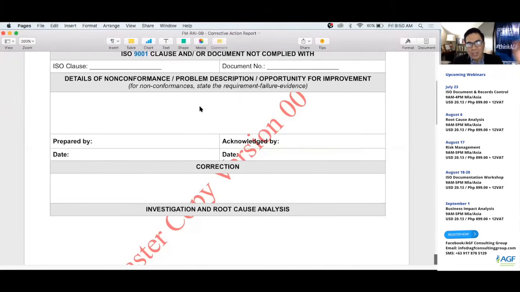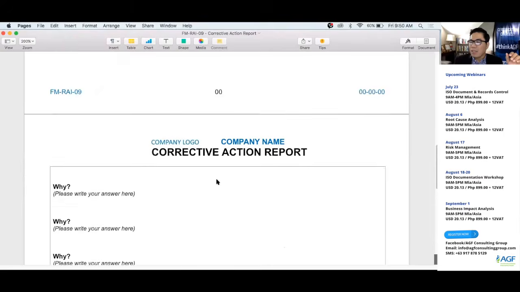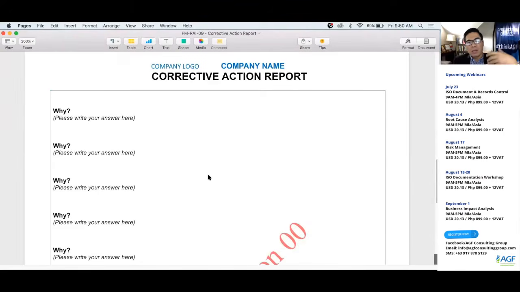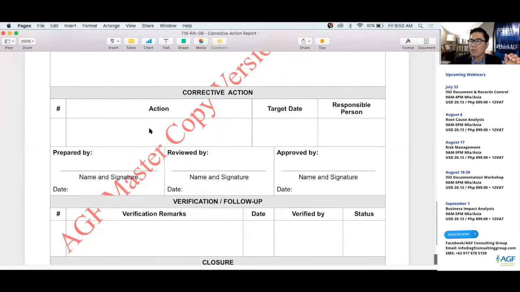Maybe let's say poor leadership, if that's really the case. What's your correction? And then you investigate with the 5 whys or the root cause analysis plan, or maybe the 4 types of problem. You choose what's your tool, and then that's where you write your corrective action here. So now your corrective action is directly responsive to the root cause. It addresses the root cause. That's the only way for us to ensure that the nonconformity will not recur again.